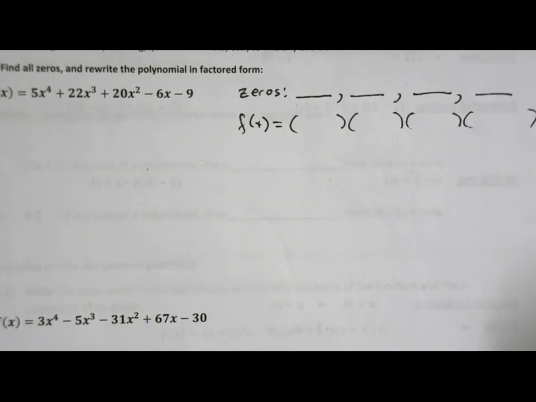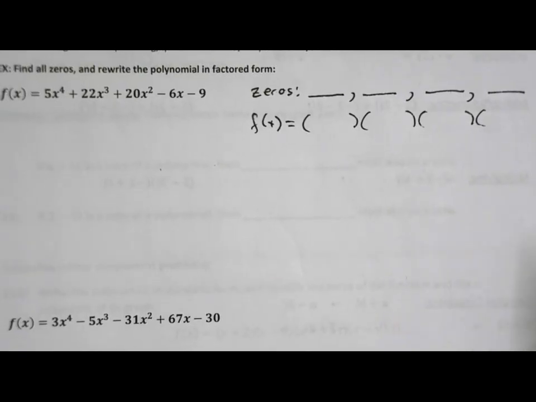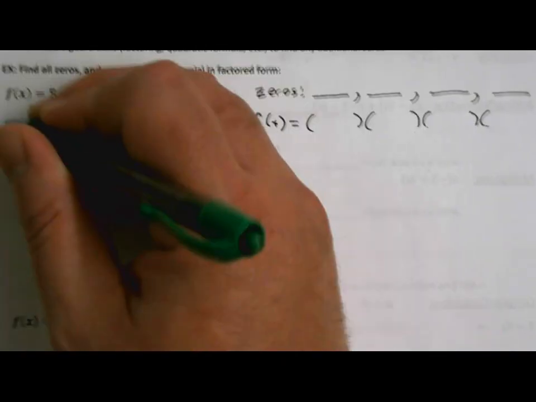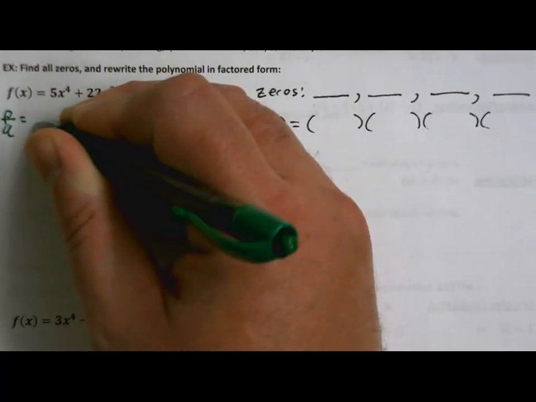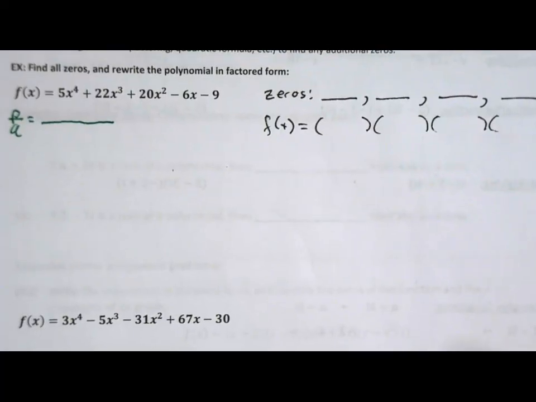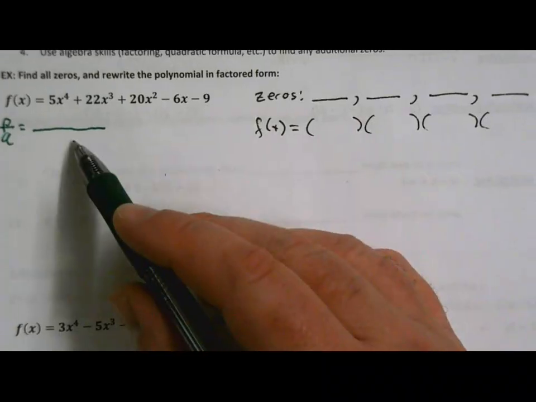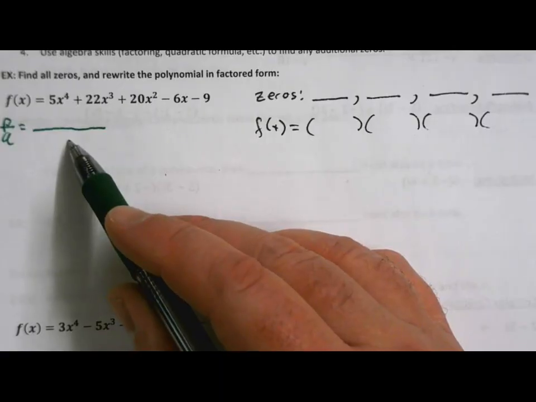Let's begin by making a P over Q list, okay? Now I'm going to make an abridged version of our P over Q list for this. This is a slightly different version of our P over Q list. I'm just going to make one big fraction and put all my factors of 9 on the top and put all my factors of 5 on the bottom. Okay, this will be enough for what we're going to need it for later on.